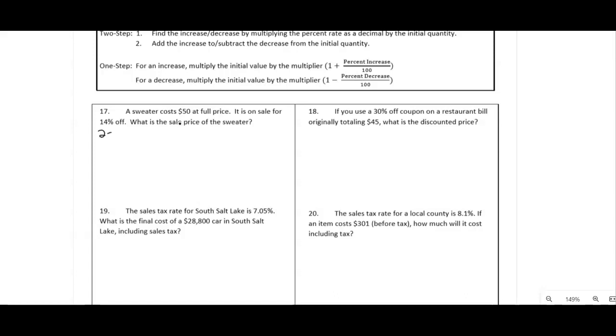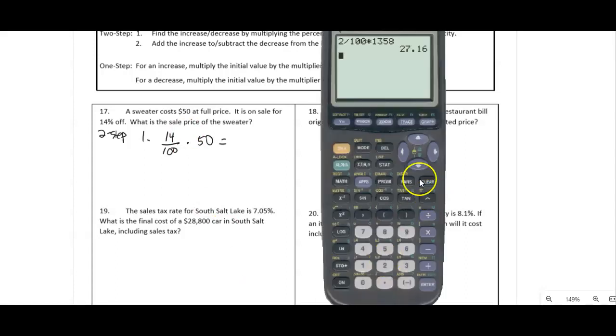So the two-step, step 1 would be first working out the 14%, which I'm going to write as divide by 100, times the initial price. This will be the discount. So when we work that out, 14 divided by 100 times 50 is 7.